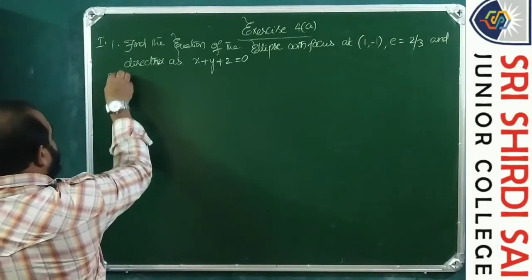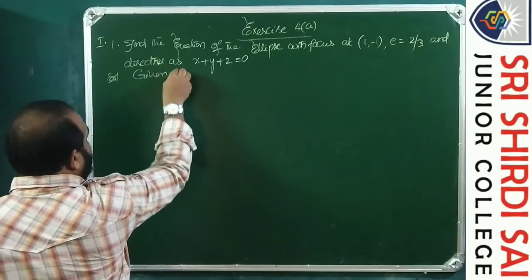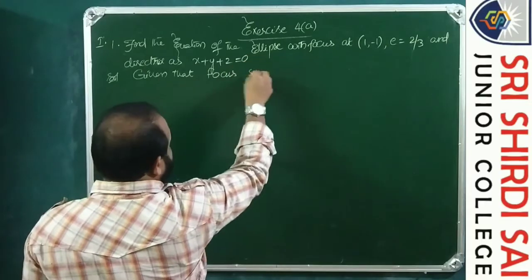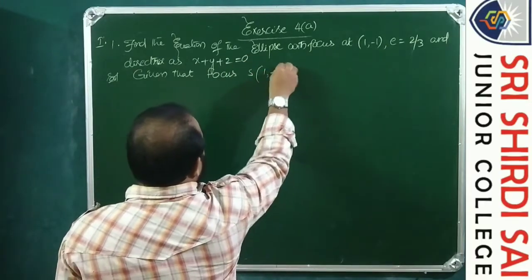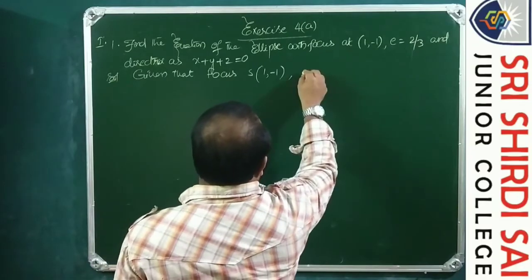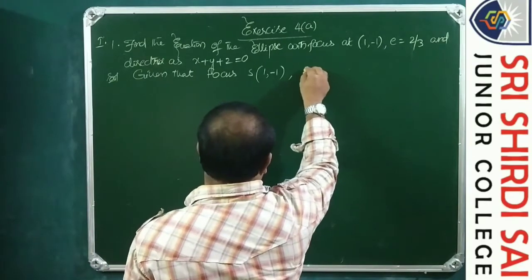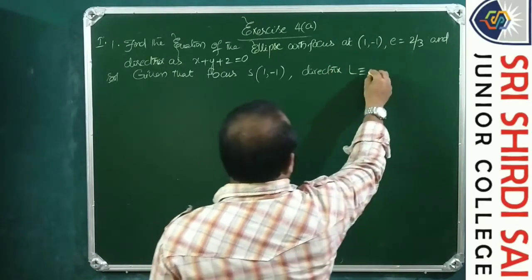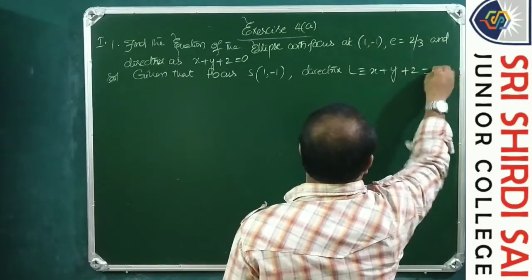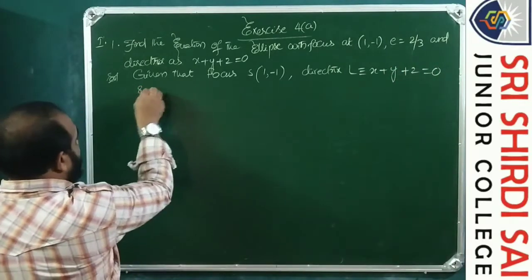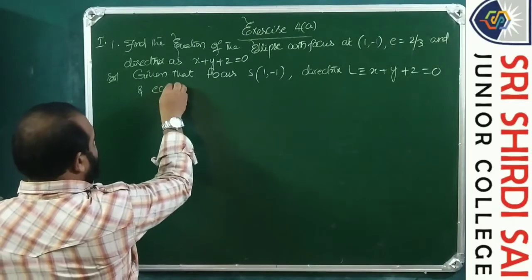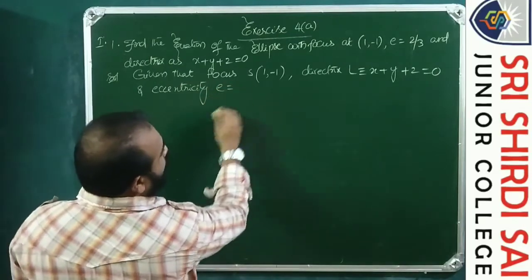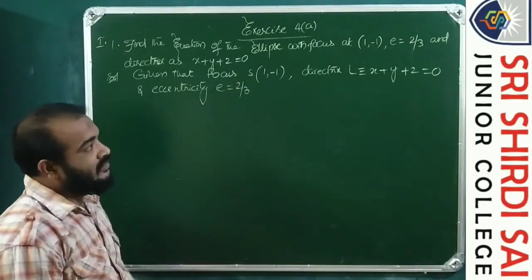Given that the focus, represented by the letter S, is (1, -1), the directrix L is x + y + 2 = 0, and the eccentricity e is 2/3.